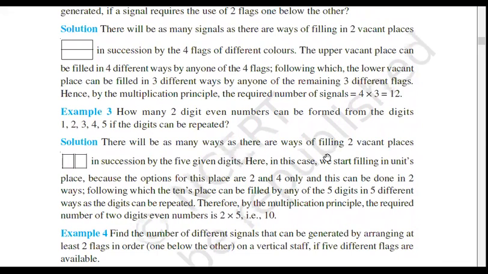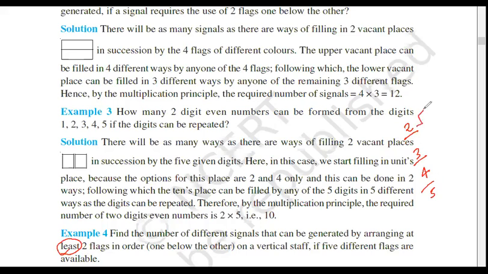I'll give you 2 minutes. The word used here which will make it different is at least. Which means we need to solve cases. You can have either 2 flags or 3 flags or 4 flags or 5 flags.